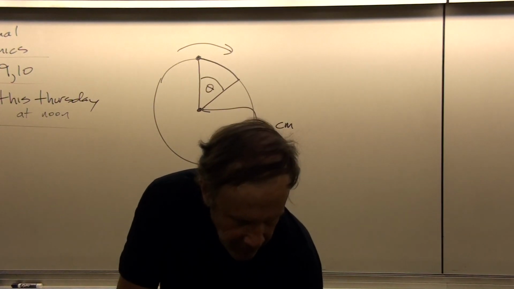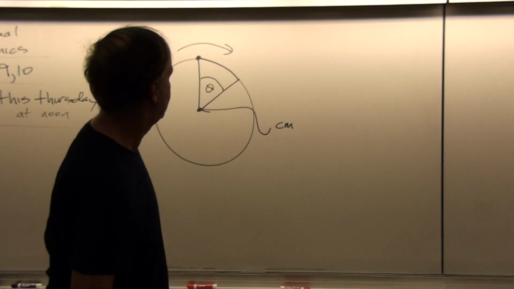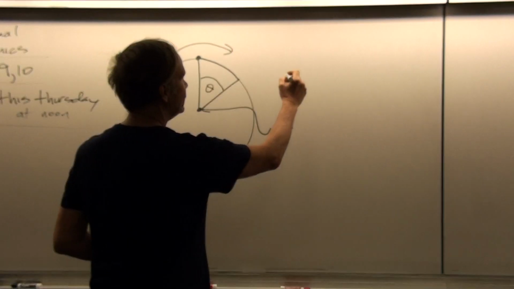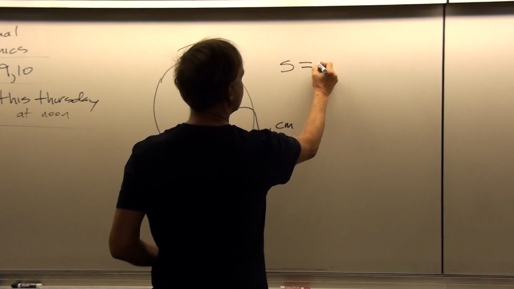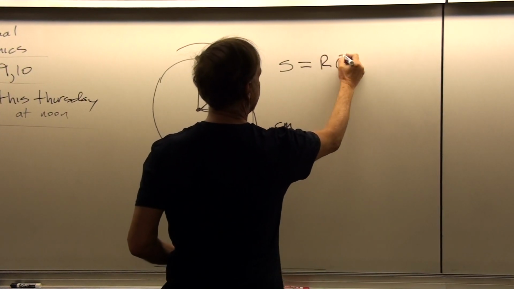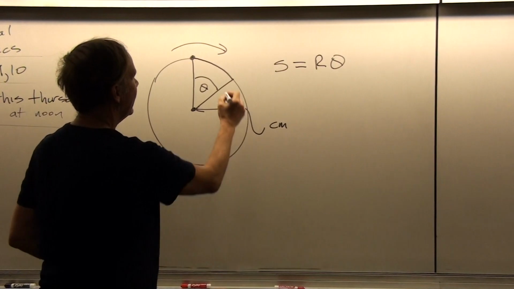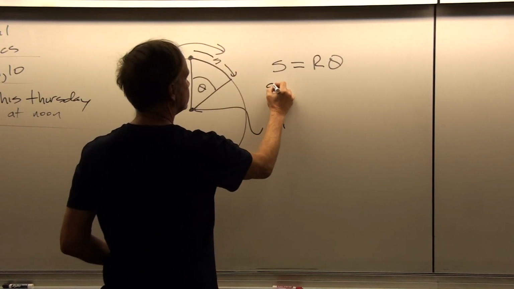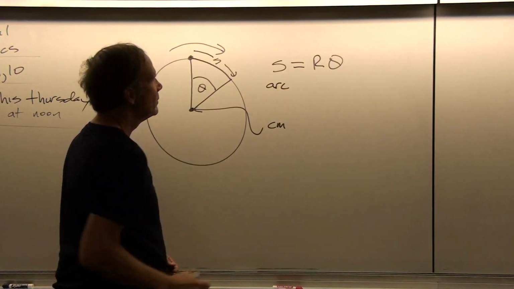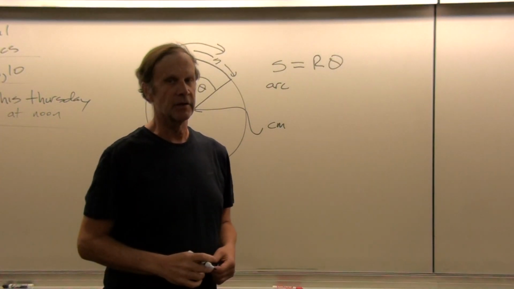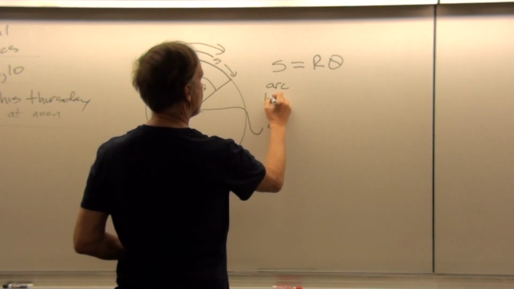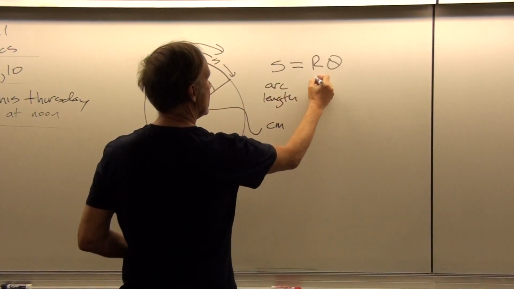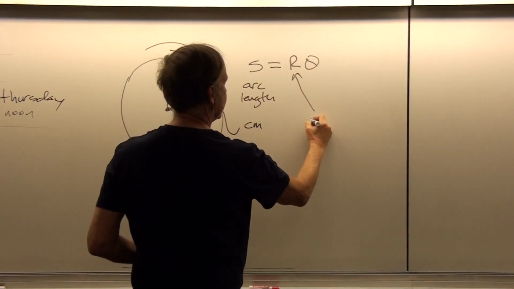And as we all know from earlier junior high school math, S equals r theta. So here S is the arc length. So this is a distance, but it's a distance along a circular path. R is, of course, the radius.